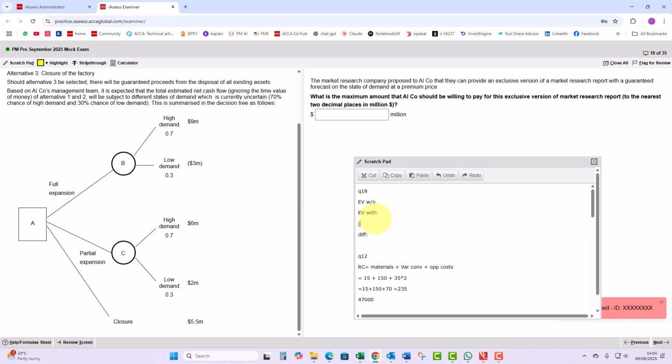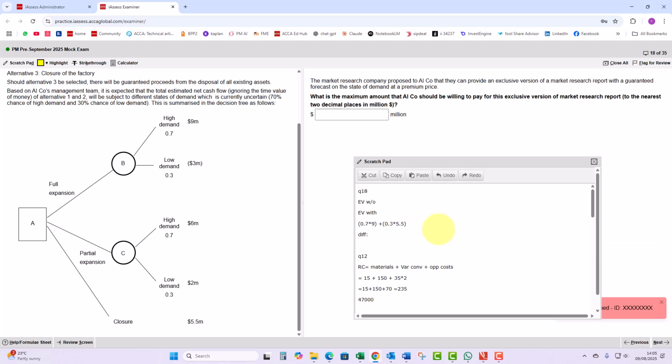So we do 0.7 times 9. If demand is low, we get rid of this one, we get rid of this one. So we can either choose to lose 3 million or make 2 million or make 5.5 million. Well, we would choose the one with the highest. We would choose to close and make 5.5. And we know there's a 0.3 chance of there being low demand.